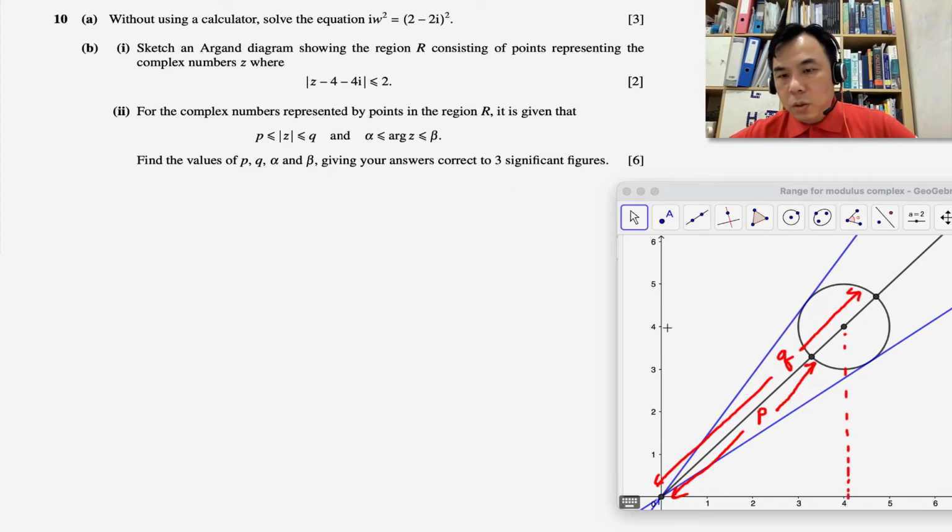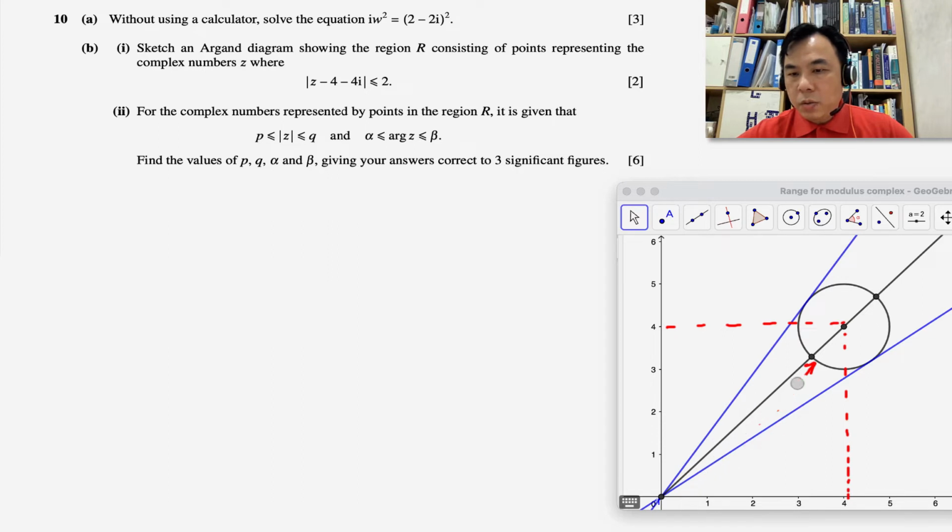We can take the distance from O to the center of the circle. Now let me clear this P first so that it's not distracting for us. Then we are interested in finding the value for P, which is given by this distance here.